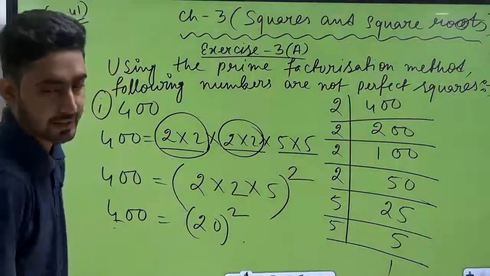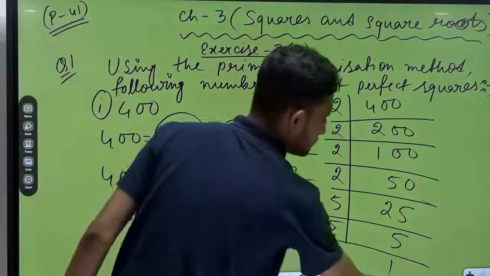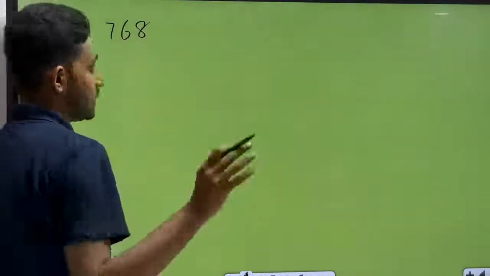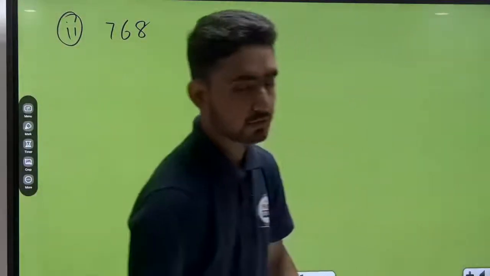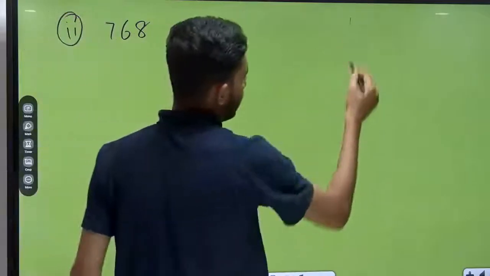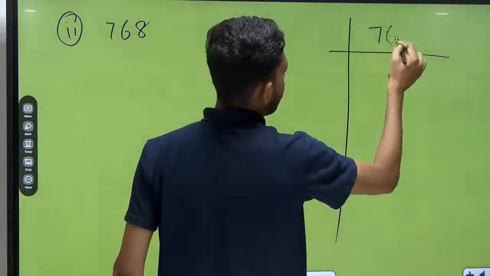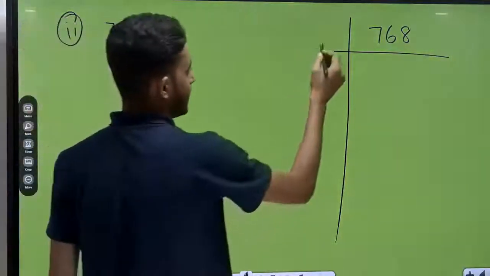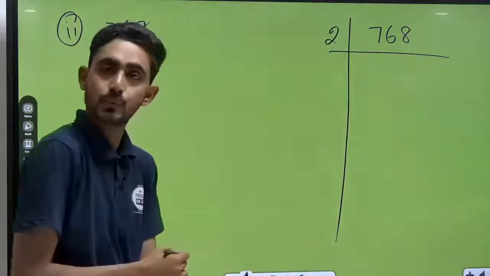Okay, now we'll move to the next question. Let's see. Next question, that is 768. Second part, that is 768. So this question also I will solve here. We will find out the prime factorization of 768. So it is divisible by 2, yes or no?